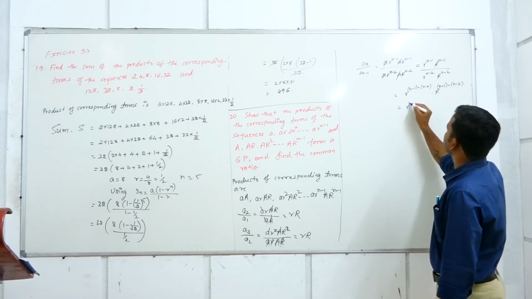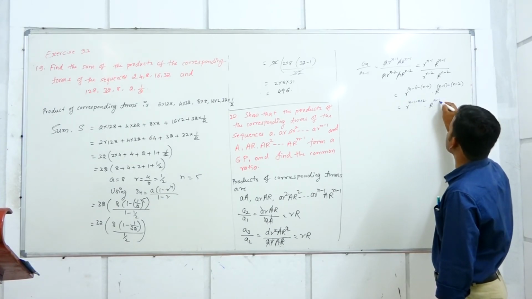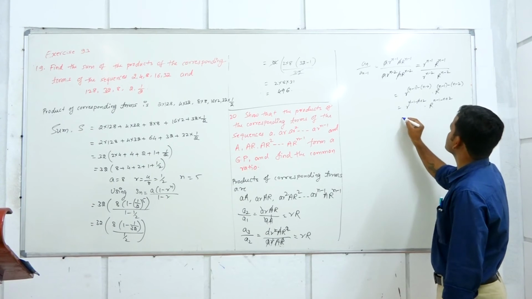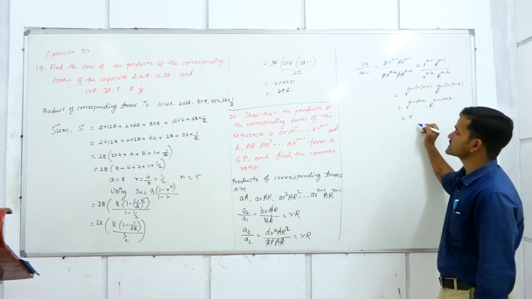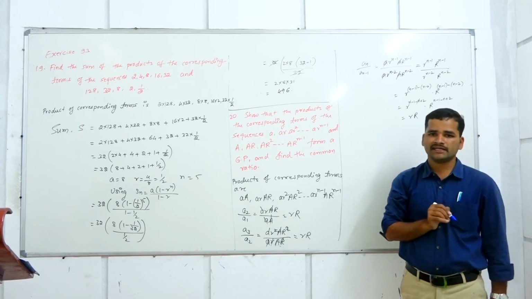Here you see r to the power of n minus 1 minus n plus 2. N gets cancelled. Minus 1 plus 2 means r to the power of 1. Here also r to the power of 1. R into r only we are getting.